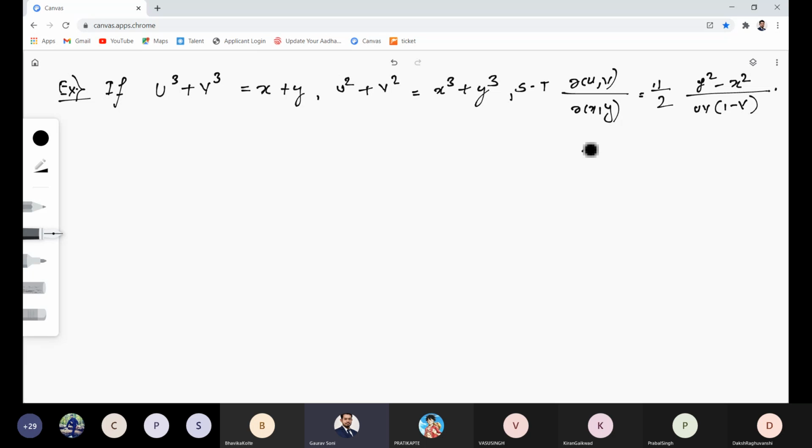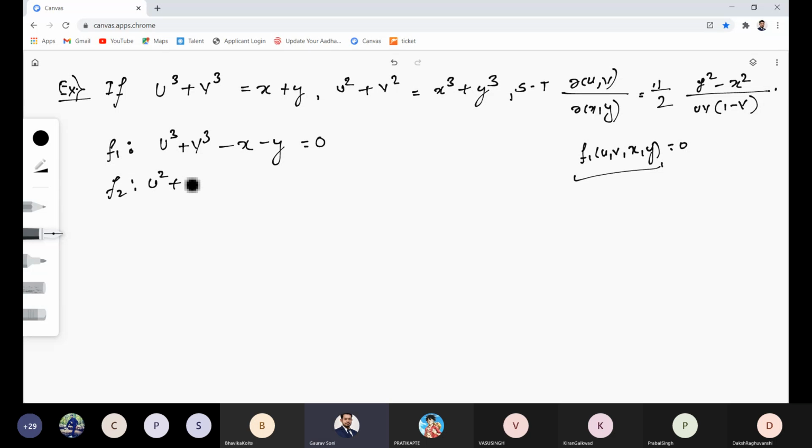Note that our relation was like this: f1 of u, v, x, comma y equal to 0. So you have to bring everything on the left to declare the function 1. So we will have f1 as u cube plus v cube minus x minus y equal to 0. And f2 is u square plus v square minus x cube minus y cube equal to 0.